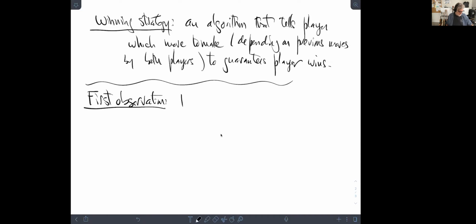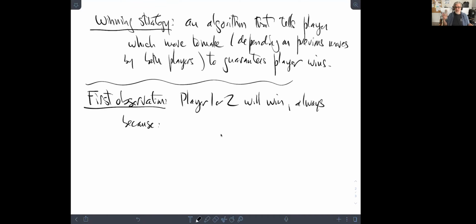so player one or two will always win, because as you can see at each step, at least one cookie has to be eaten. So the number of cookies is reducing every time.